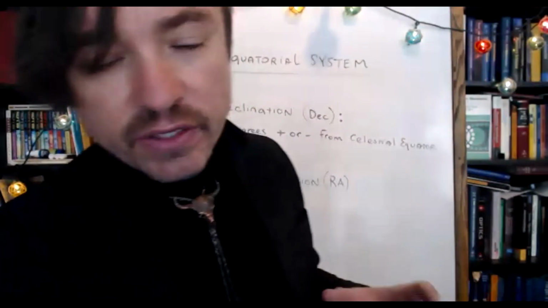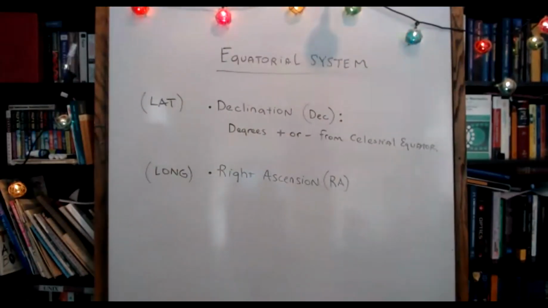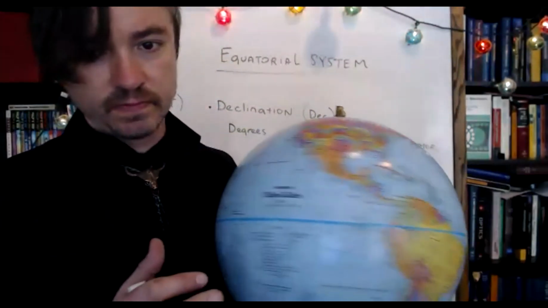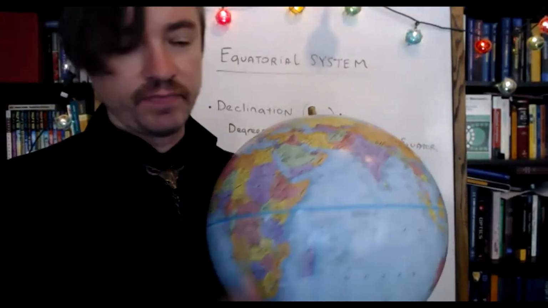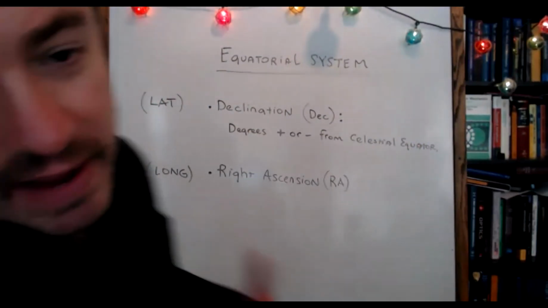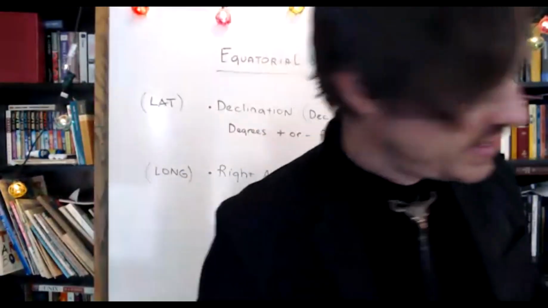Do you remember how we defined longitude on Earth? Isn't it degrees east or west from the prime meridian? Exactly. Now, we're not going to be able to use the prime meridian for celestial longitude or right ascension.